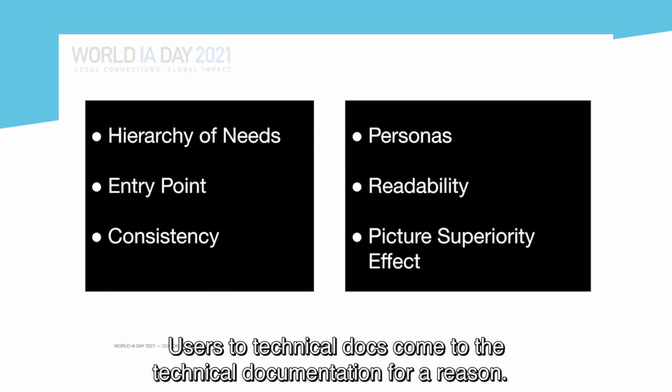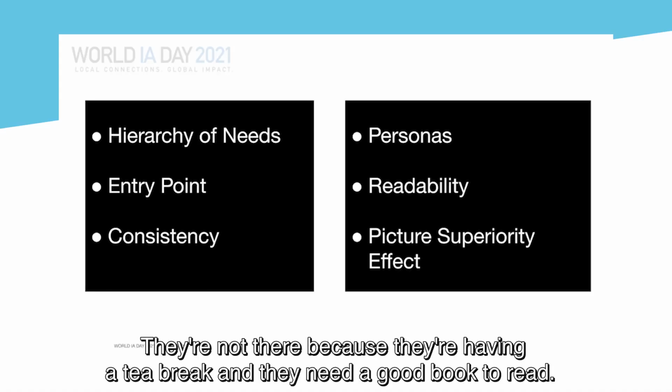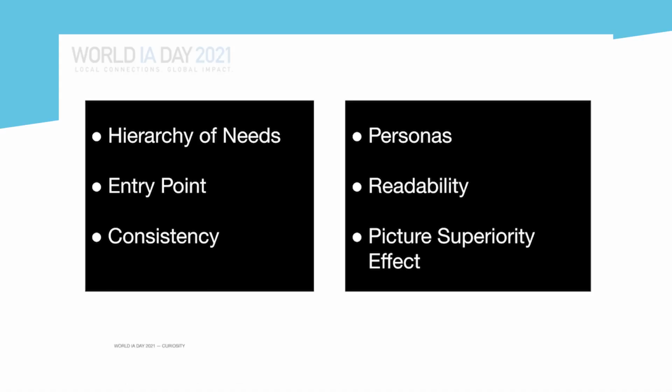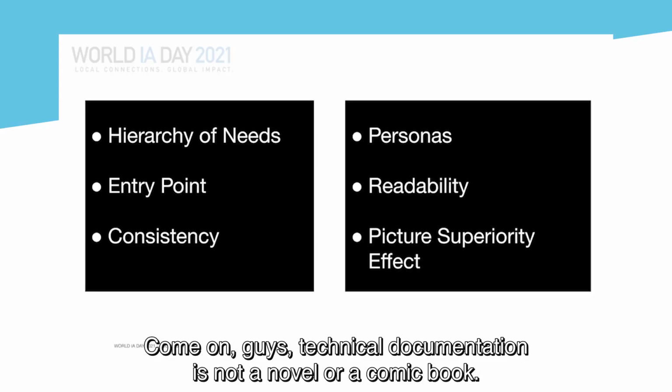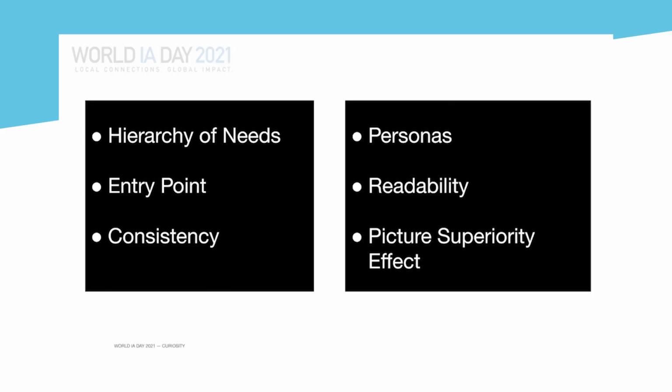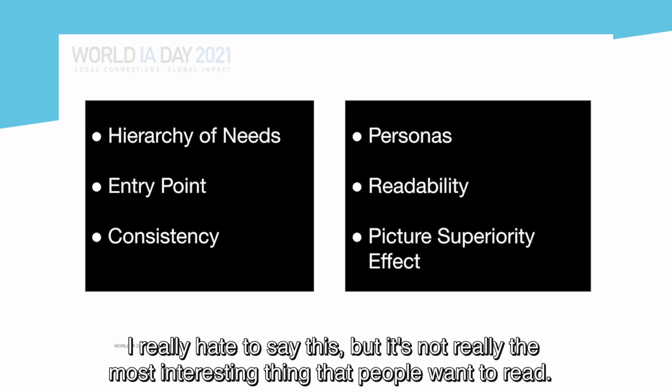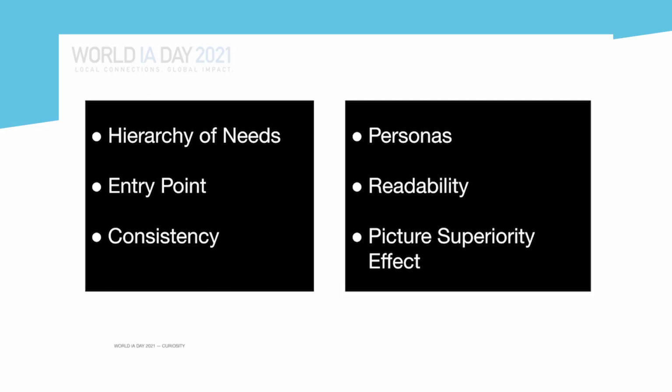So users come to the technical documentation for a reason, and they're not there because they're having a tea break and they need a good book to read. Come on, guys. Technical documentation is not a novel or a comic book. I really hate to say this, but it's not really the most interesting thing that people want to read.